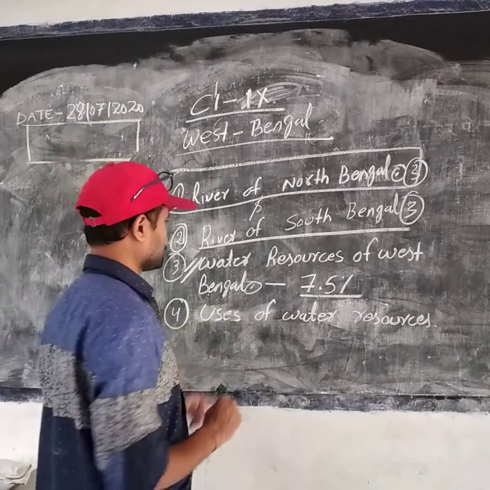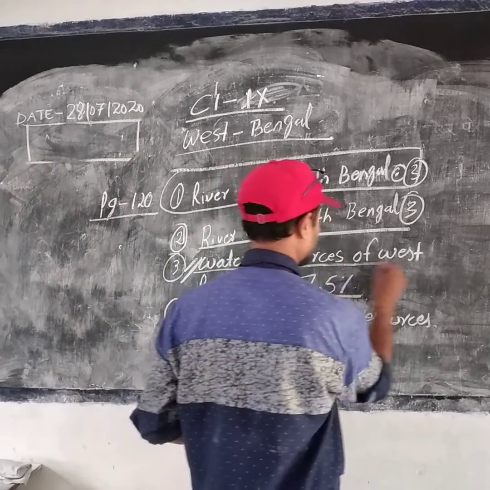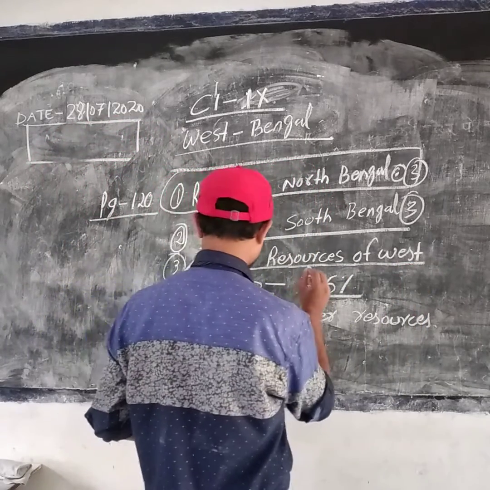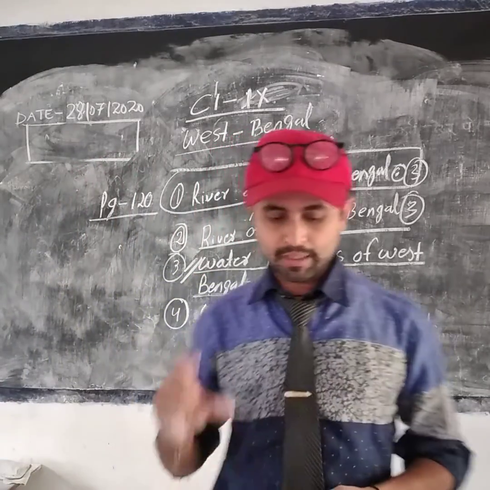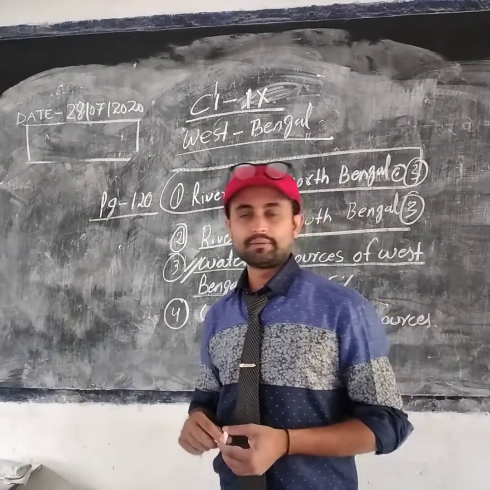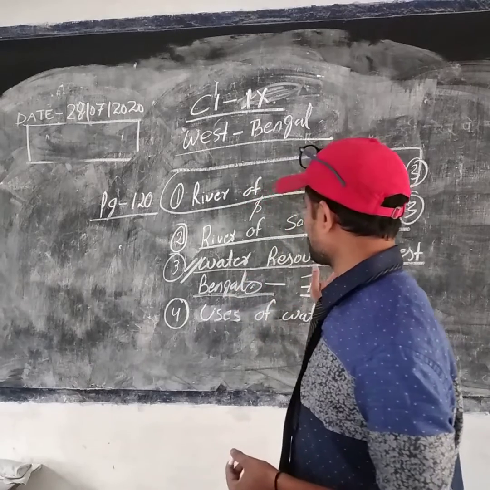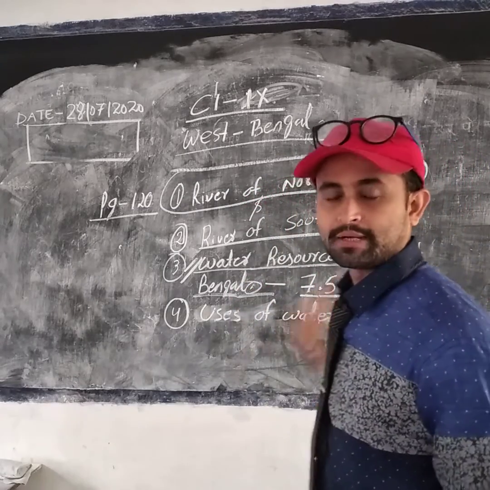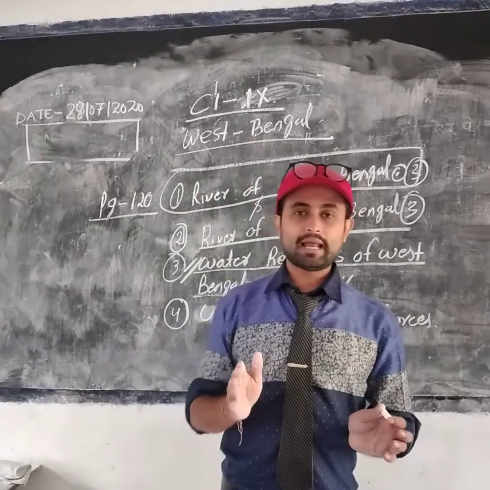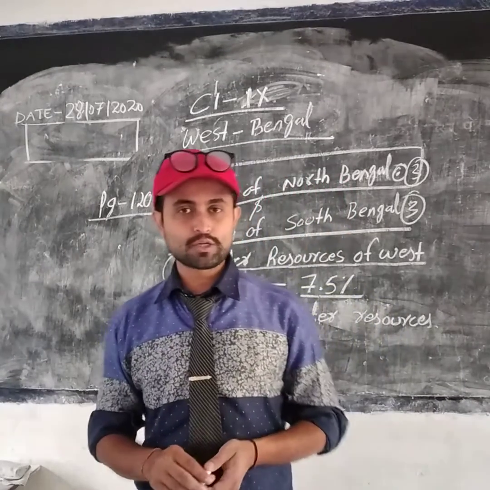So we are going to write for this point. Please do not follow the book, because the book has just given an introduction, but in the exam they will ask you point wise the water resources of West Bengal. Number 1 point: West Bengal has abundant water resources.